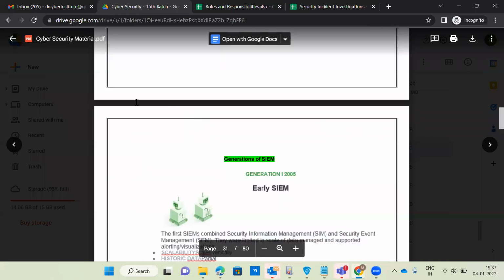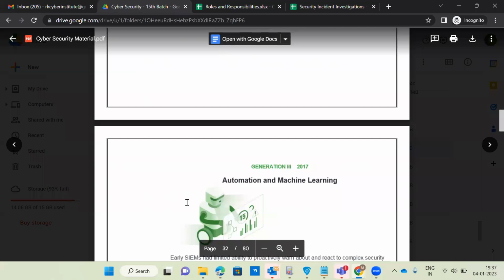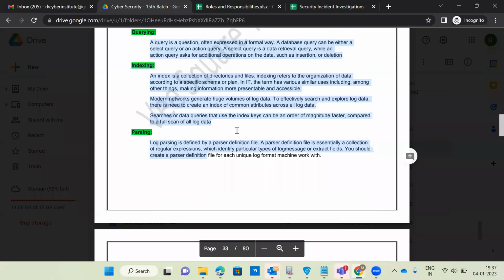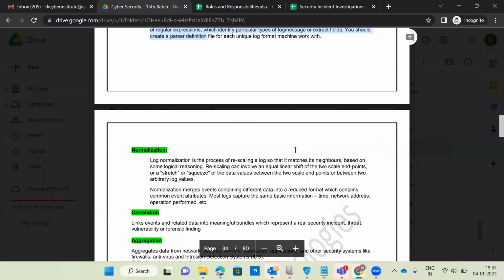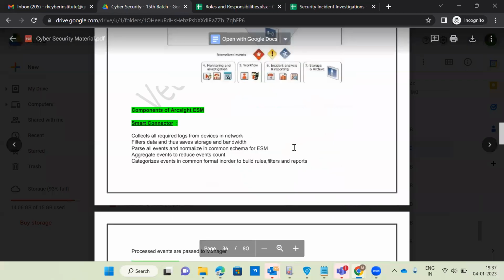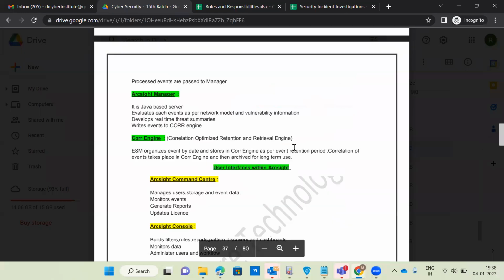From here, you can go through everything. What does next generation SIEM tool mean? What is parsing? What is normalization? Log flow and architecture diagrams, incident lifecycle management process, smart connector, all these tools. Finally, these are all tools.